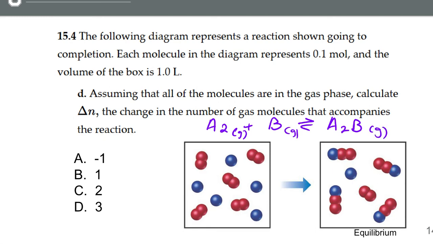I must have done part D. Assuming that everything's in the gas phase, calculate delta n that accompanies the reaction. So take a quick look. What do we have? We have a coefficient of 1 for the products, minus 1 plus 1 gives us minus 1.